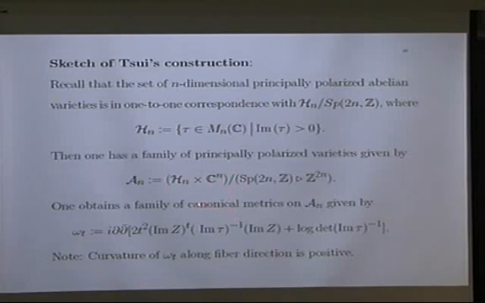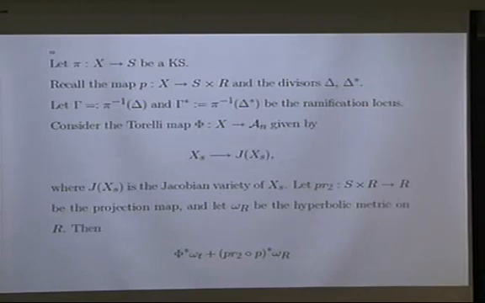But when you look at the curvature of the total space and then restrict it to the fiber, it's actually positive. There is a non-trivial second fundamental form for each fiber torus, that is, each fiber abelian variety. Okay, so now.